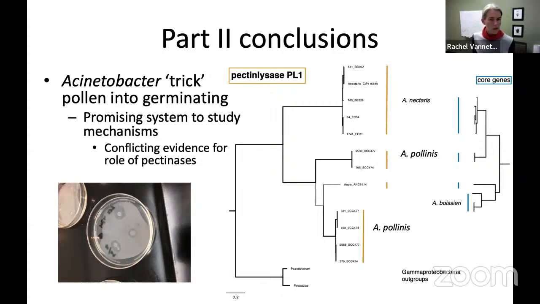Here we also have conflicting evidence for the role of pectinases in this process. Despite the diversification in this pectin lyase gene family, we didn't find strong evidence to support that it was involved in this process, but our work on this is ongoing.